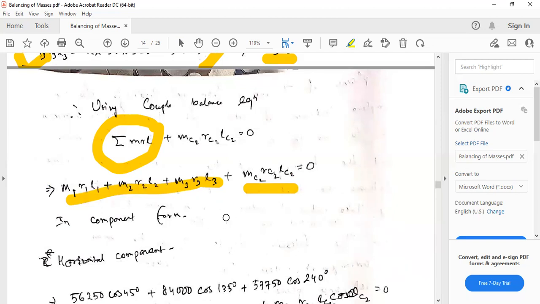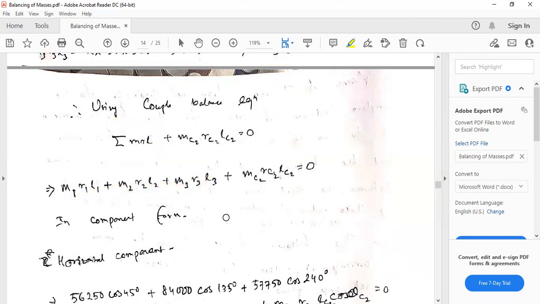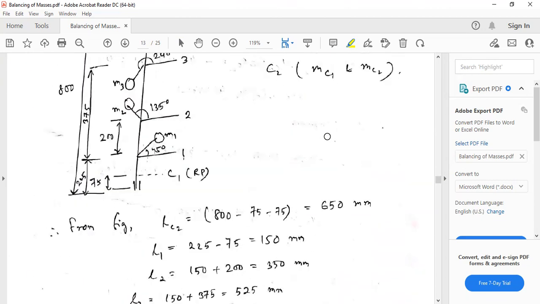Now since I told you that you have to find the components, why are components required? Because all the forces are at an angle. This is the force, right? So this makes an angle with the horizontal. So we find the horizontal or vertical component of these forces. Similarly for this force also, we need the horizontal and vertical component.